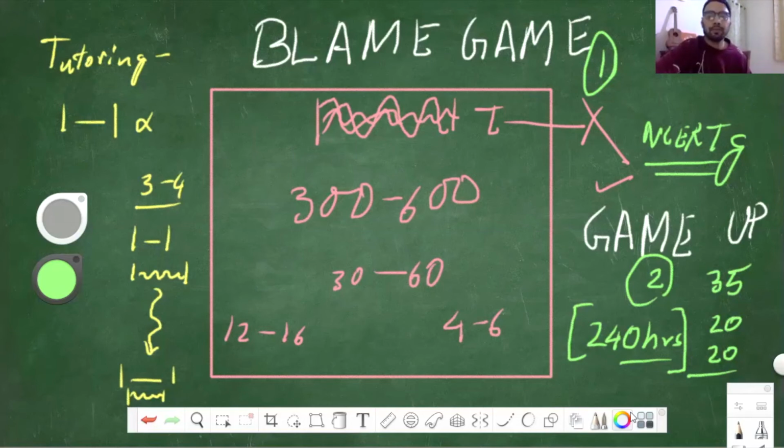If you play the game up inside the class, then those hours, if you are focused enough, are sufficient. But I'm not blaming that we are not focused.